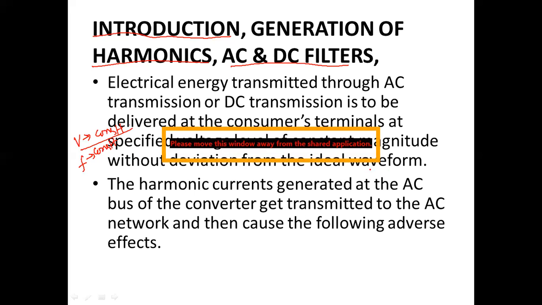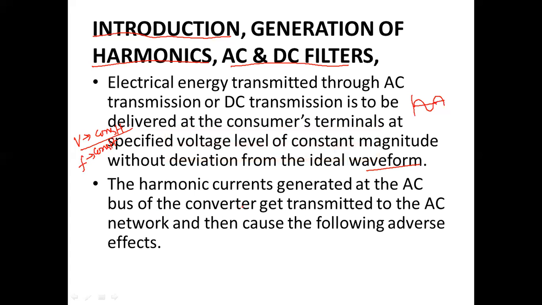The ideal waveform here is a sinusoidal waveform, so it must be maintained so that the consumer can get good quality electricity. The harmonic current generated at the AC bus of a converter gets transmitted to the AC network and then causes the following adverse effects.